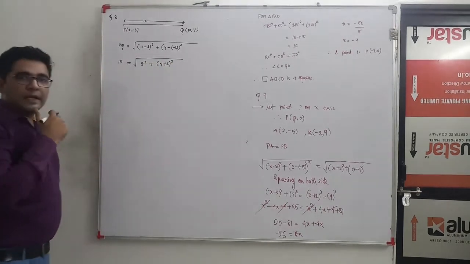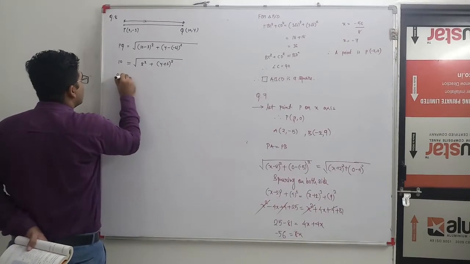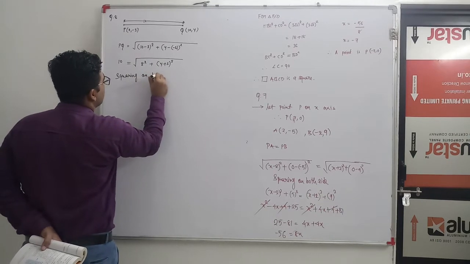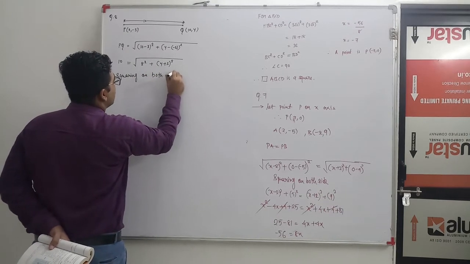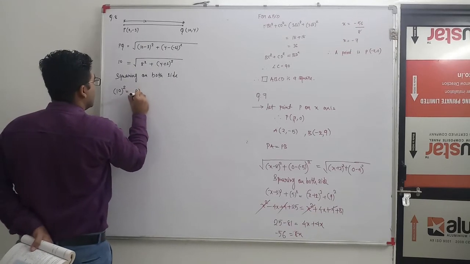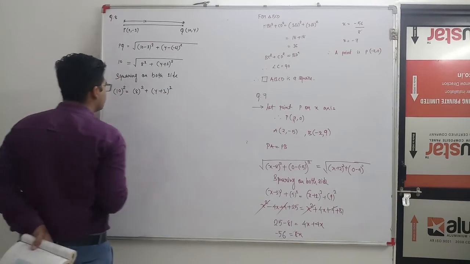Now here I need to remove the square root. So what I said, squaring on both sides. Therefore 10 square is equal to 8 square plus (y plus 3) whole square.